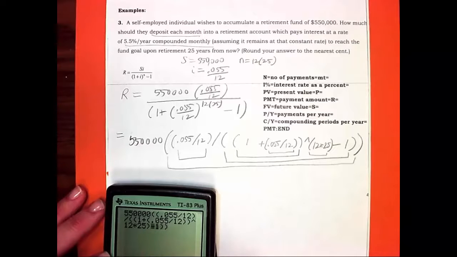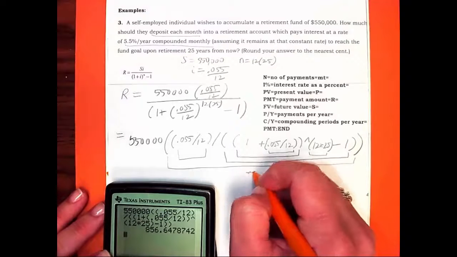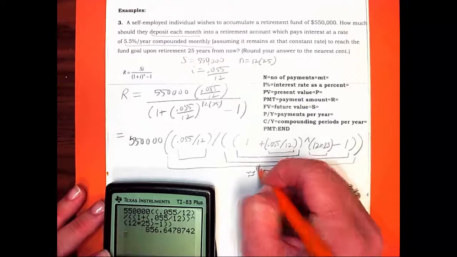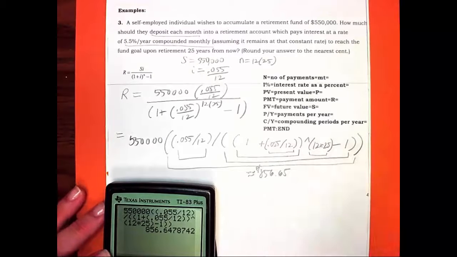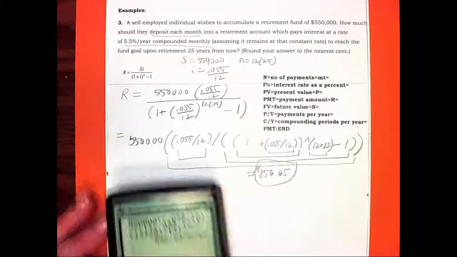I didn't start this one over here. Sorry about that. Okay, so we've got approximately 856.65. So this individual should deposit approximately $856.65 in order to meet their retirement goal of $550,000.